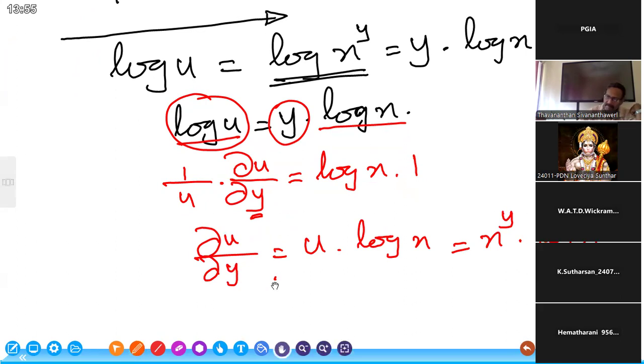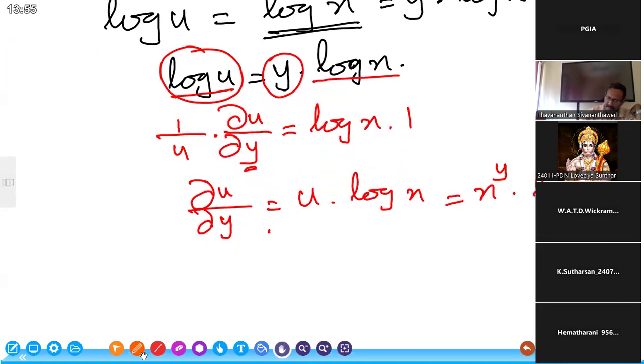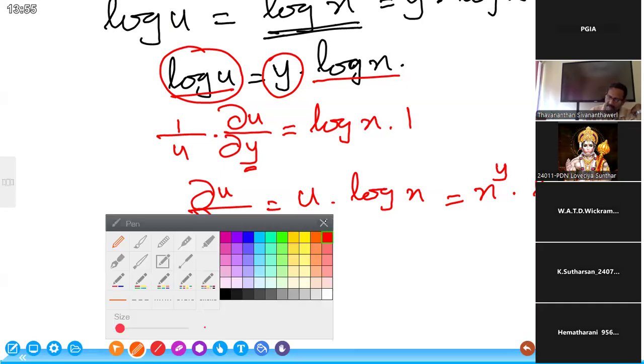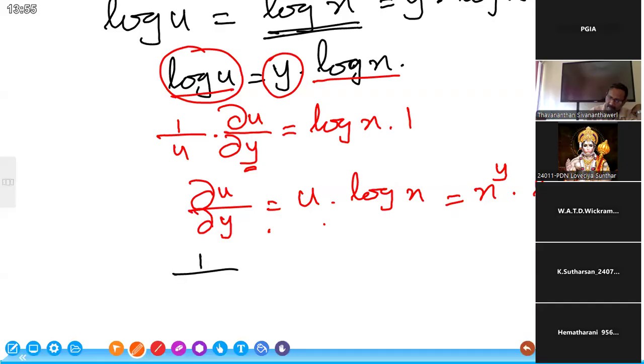Similarly, if you differentiate with respect to x, what is 1 over u into ∂u by ∂x equal to?